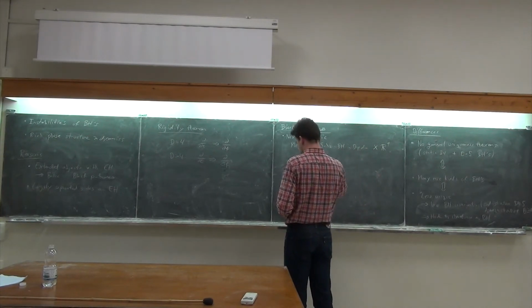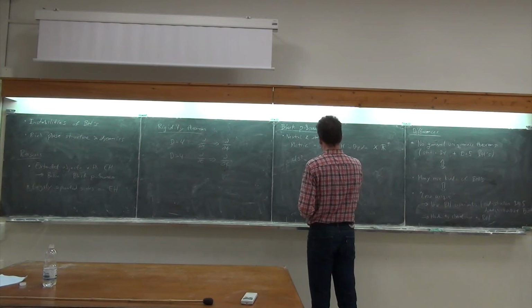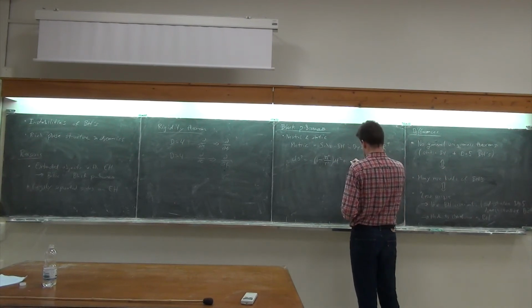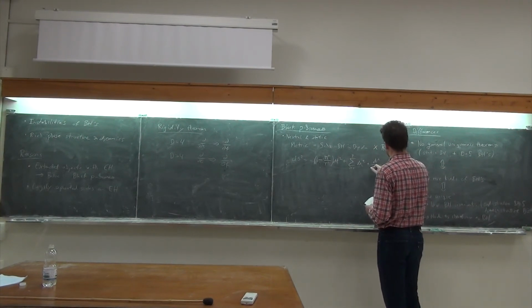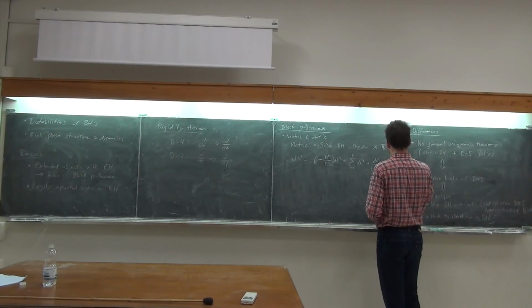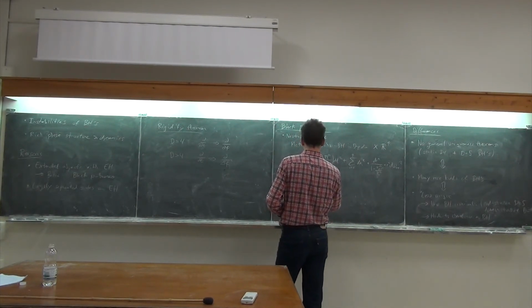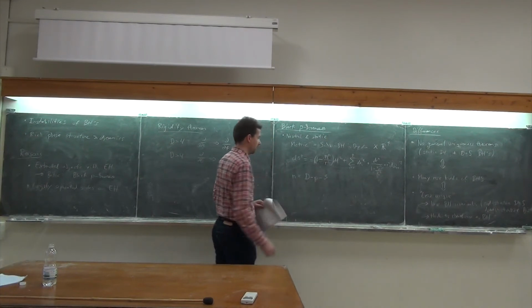So this gives the following metric, where for later use I've defined n as the space-time dimension minus the brane dimension minus 3.